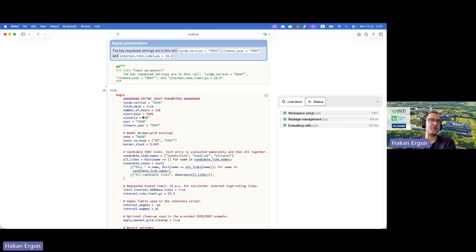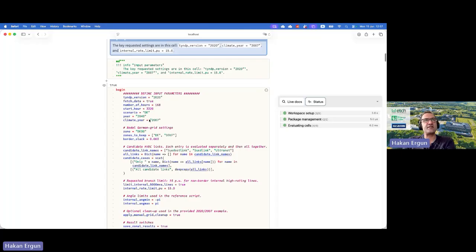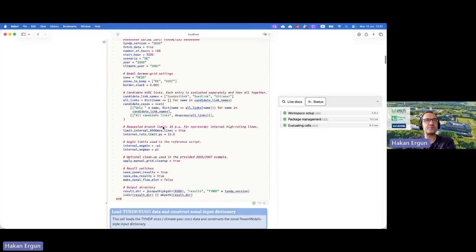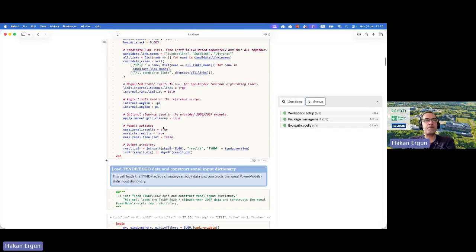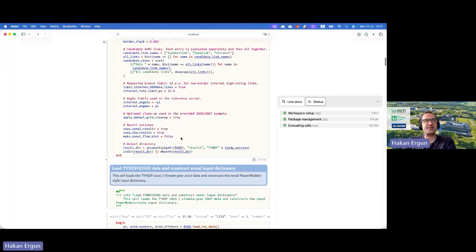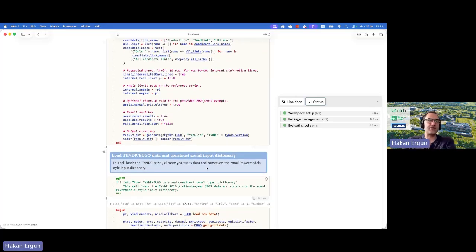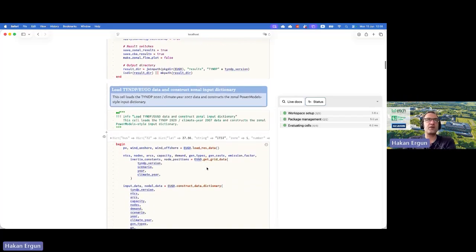I have just randomly picked, I guess, a day in late spring. And then we define our distributed energy scenario, the planning year that we are looking at, and then the climate year. And these are basically just some additional settings that we can then set to use some function in the code.